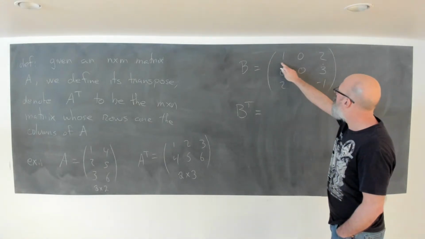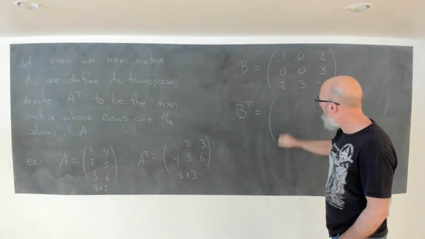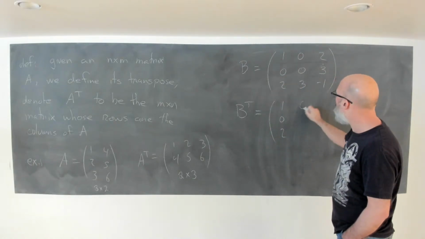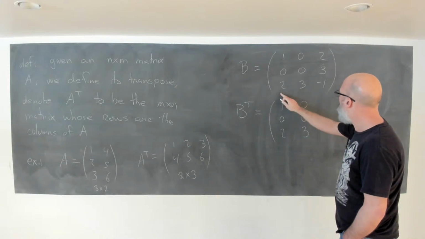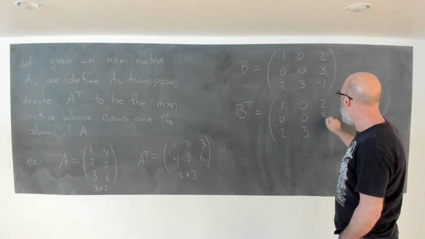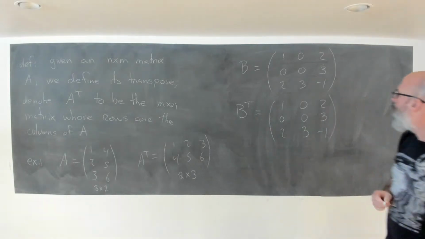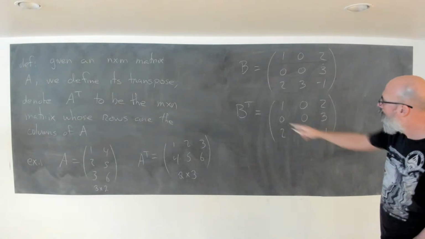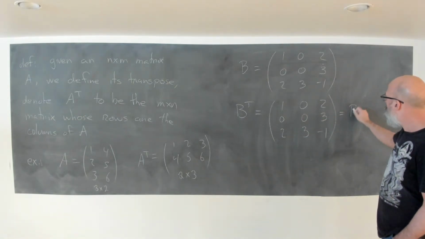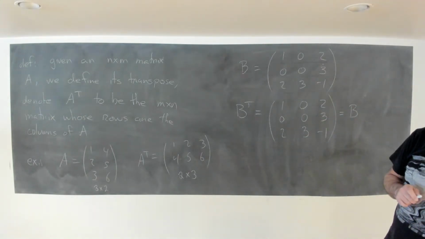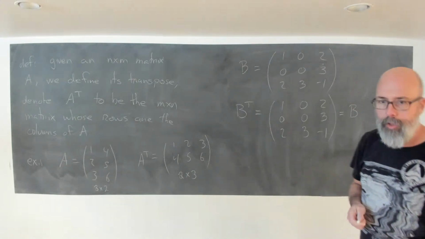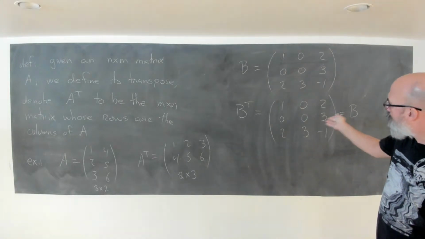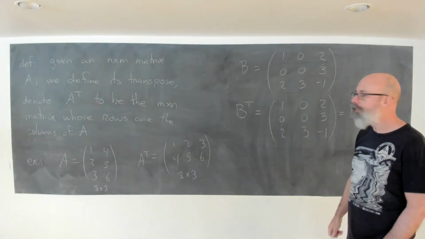What is the transpose? First row becomes the first column. Second row becomes the second column. Third row becomes the third column. And once you know it, this is exactly what you started out with. B transpose is actually the same as B here. And of course, it's not always the case, right? But sometimes it is. Very nice.